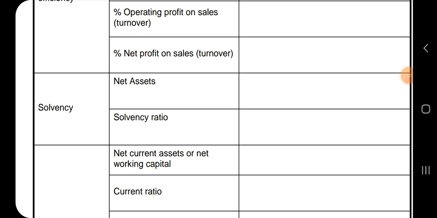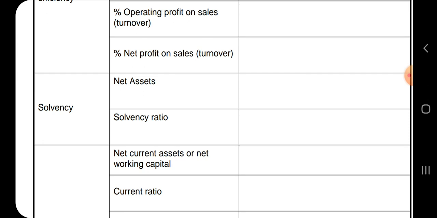Solvency is the ability of the company to repay its debts in the long term. So that's where you will take total assets to total liabilities. Your total assets should be more than your total liabilities, so that you can be able to pay your liabilities if the business was to be closed down. So that is solvency. Just know that.